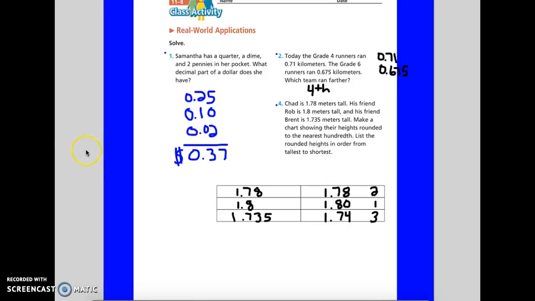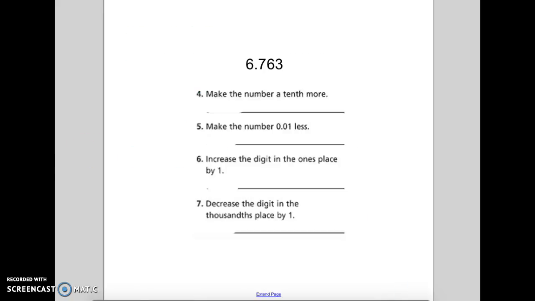All right, the last thing I want to show you is something you'll see on your homework today that confuses a lot of kids. So I just want to point it out to you. It's a lot easier than it looks. So they're going to give you a number like this, and then they're going to say something like, make the number a tenth more. So what they're wanting you to do is figure out where the tenths are.